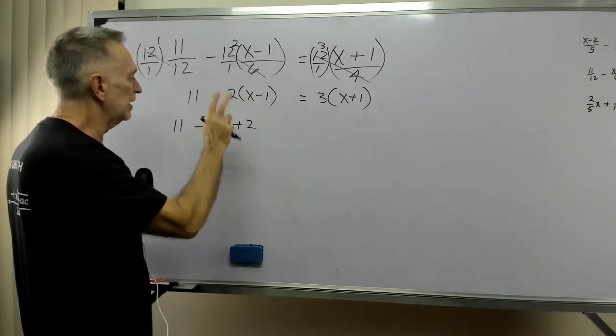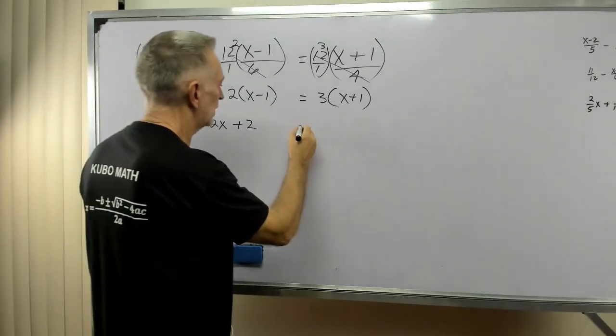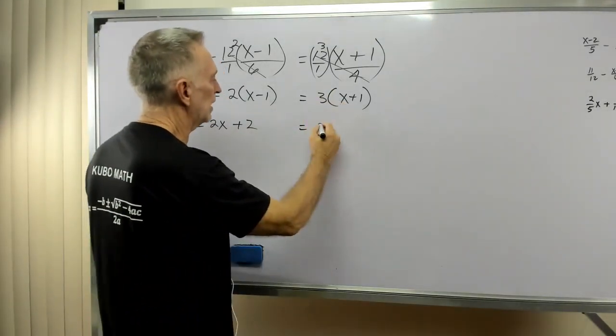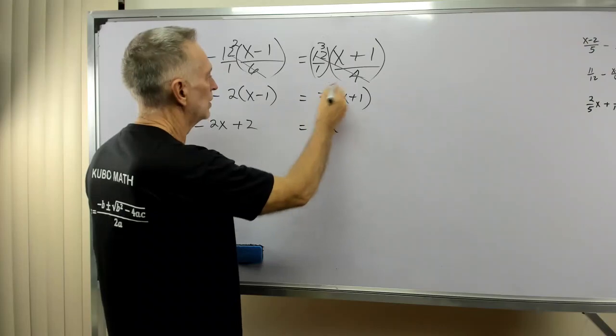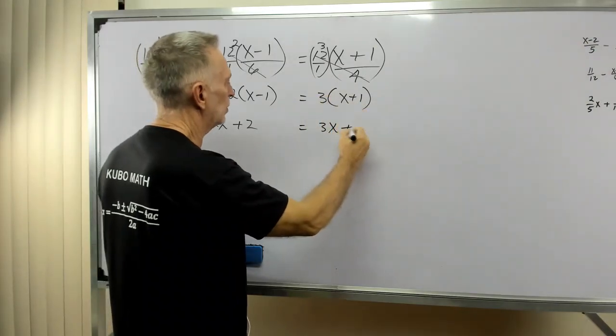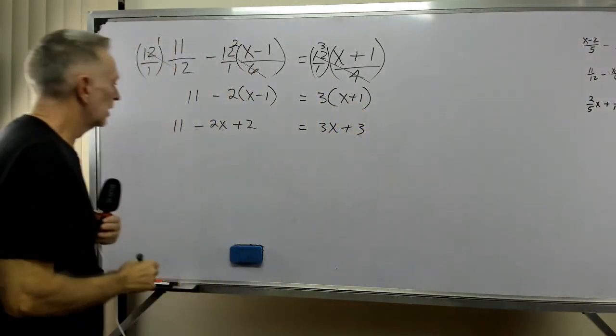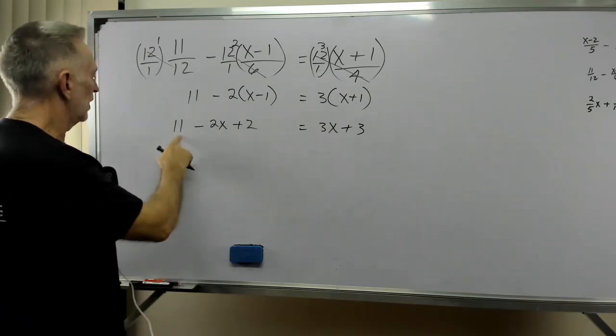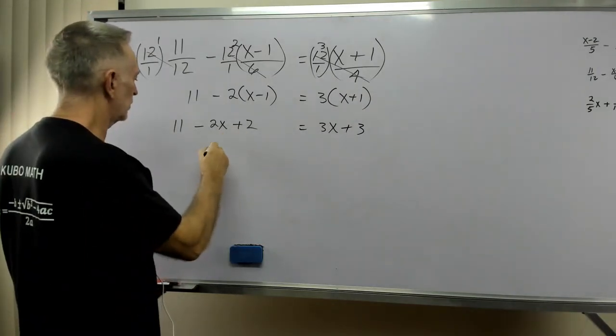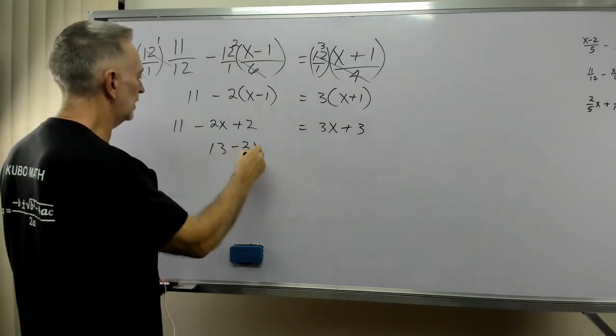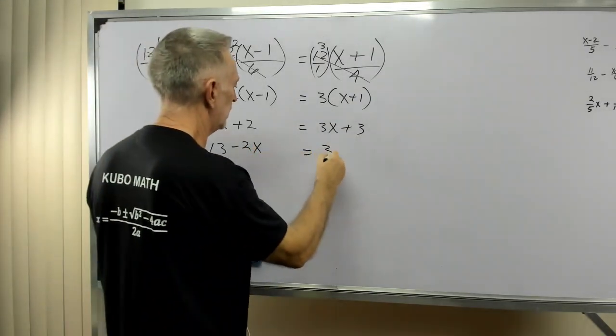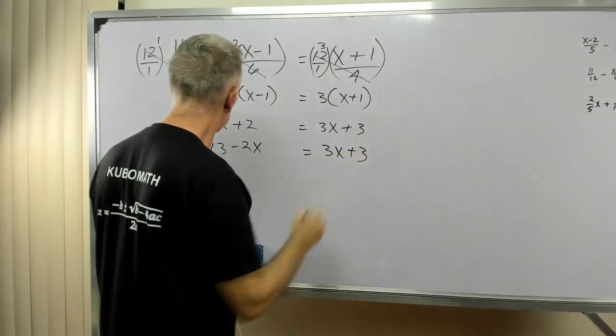Negative times negative is positive. Okay, equals 3 times x is 3x. 3 times a positive 1 is plus 3. Well, let's see. We have 11 plus 2, that's 13, minus 2x equals 3x plus 3.